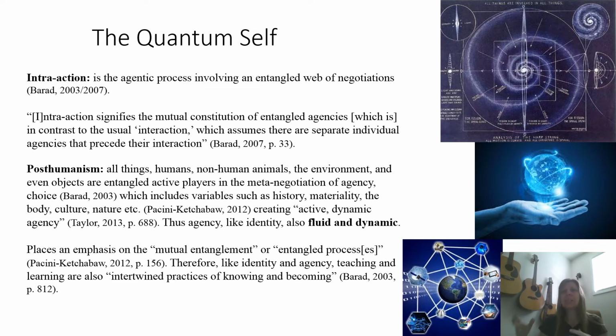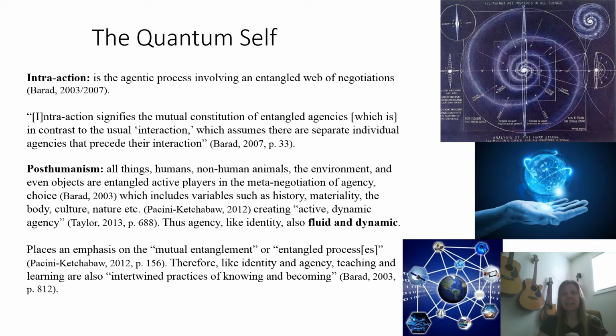This is consistent with post-humanist understandings, where all things, humans, non-human animals, the environment, and objects are all entangled negotiators in the meta-negotiation of agency and choice. This negotiation includes variables such as history, materiality, body, culture, nature, thus creating active dynamic agency, making agency, like identity, also fluid and dynamic and situational.